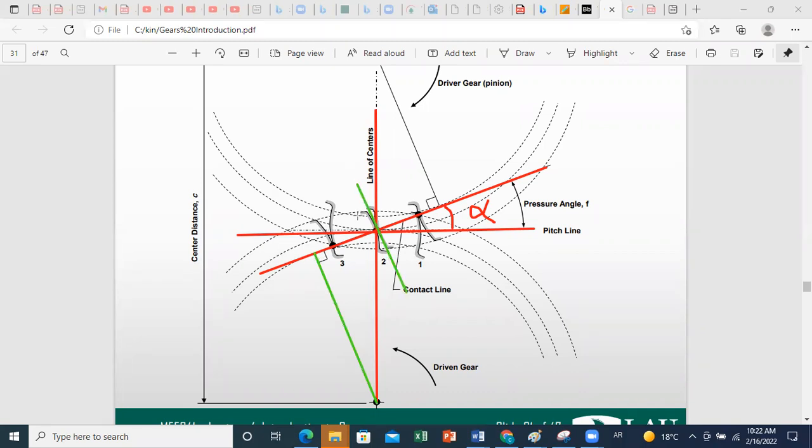You can characterize a new dimension called the base radius, and then you define a circle called the base circle. In this case, this dimension can be calculated according to the value of the pressure angle alpha and the pitch radius, because in this right triangle, this is my pitch radius.